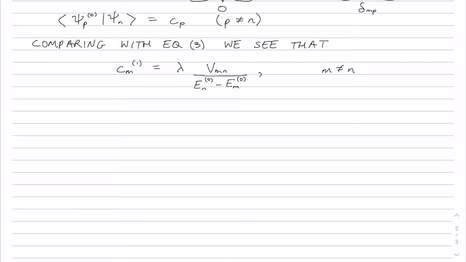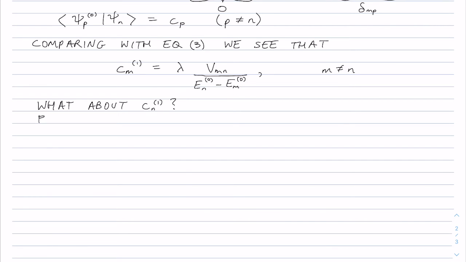So that's good for the m not equal to n. What about Cn1? What do I do about this one?